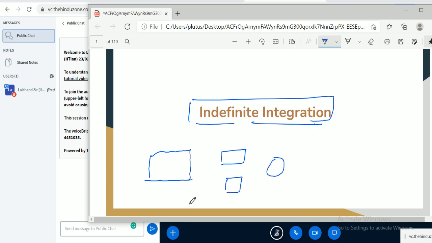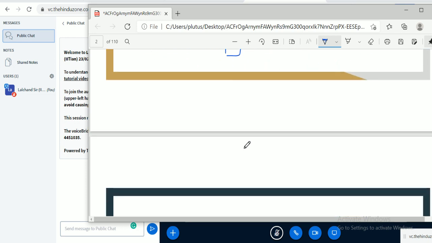But for complex shapes, to find the area under some curve, the approach of integration was developed. We will discuss this in the application of integration. Okay. So first we start with integration.